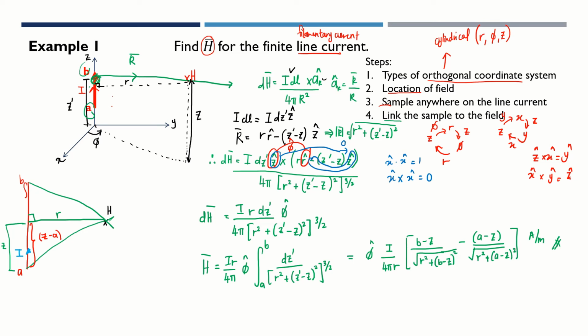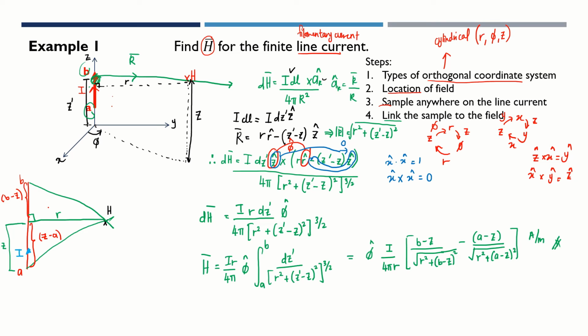And this height will be, you should already be able to guess, B minus Z. So Z minus A is this height, and B minus Z is this height.